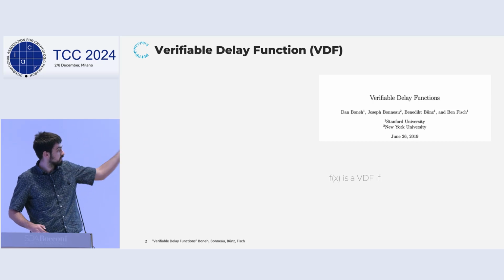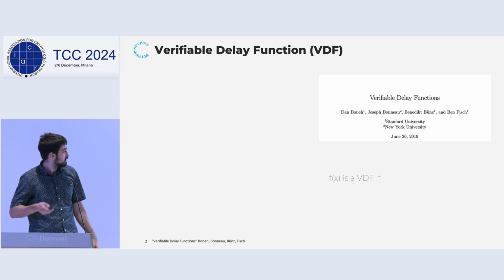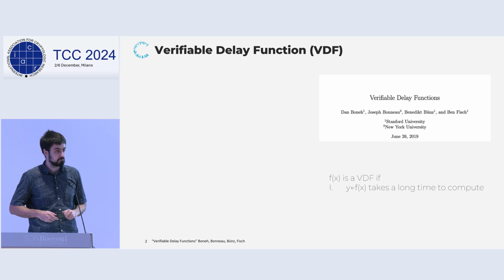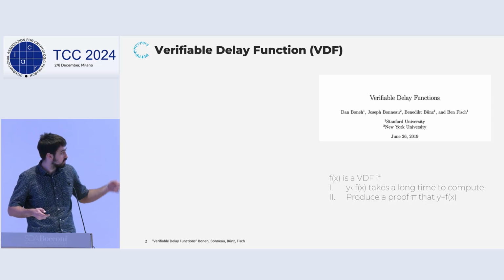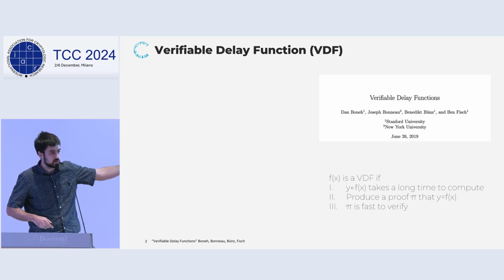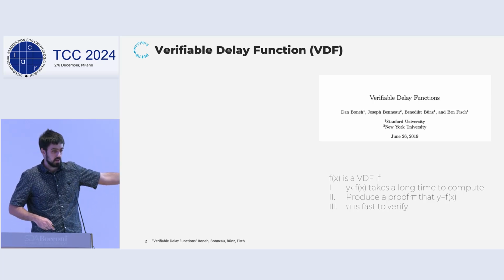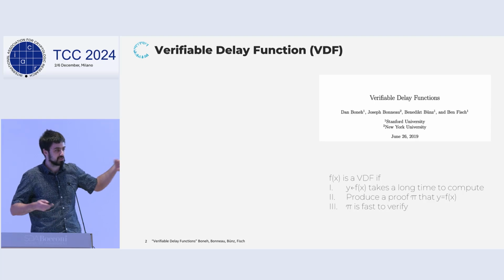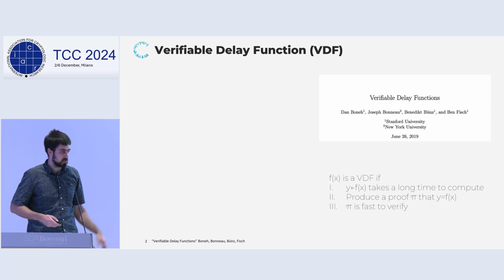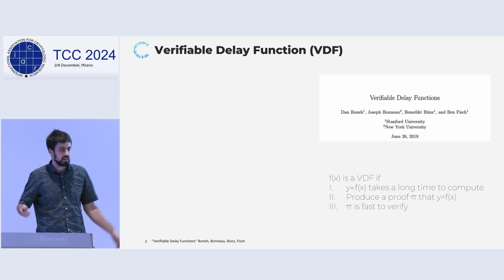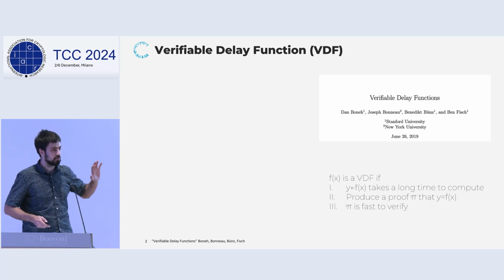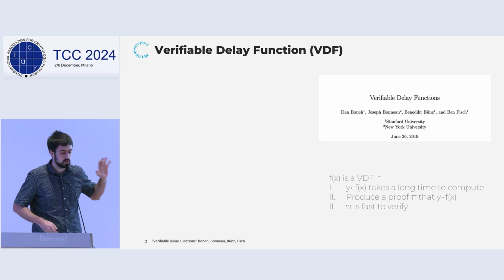F of x is a verifiable delay function if it takes a long time to compute it. It produces a proof, and it's fast to verify the proof. And the proof verifies that y is the output of the function. And we need standard soundness and completeness, but this is really not the point, so I'll not define anything.